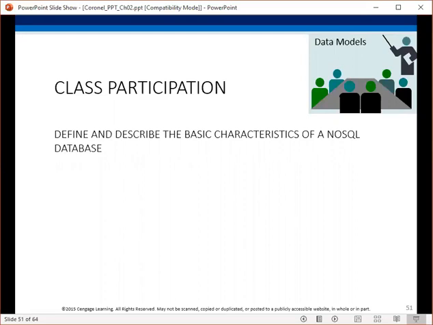And the key value model is based on a structure where you have two data elements, a key and a value. For every key, there's a corresponding set of values. The key value model is also referred to as the associative data model. And the most popular form of the key value data model is a document model.